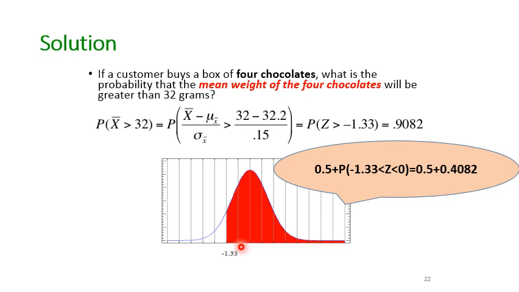And since the area from negative 1.33 up to 0 is the same as the area from 0 up to 1.33 on the positive side, we can get the area from 0 up to 1.33 from the standard normal tables, and then add it to 0.5. So let's now get the probability that z lies between 0 and 1.33 from the standard normal tables.